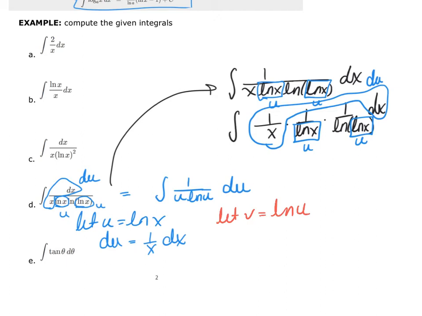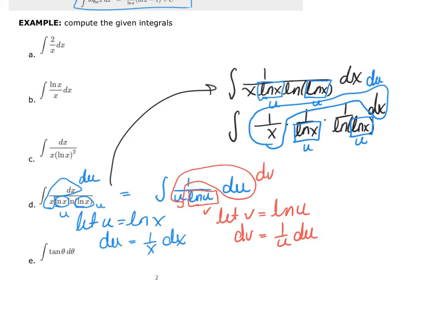So if v is equal to the natural log of u, then dv is going to be equal to 1 over u du. So that means this gets replaced with v, and this gets replaced with dv.